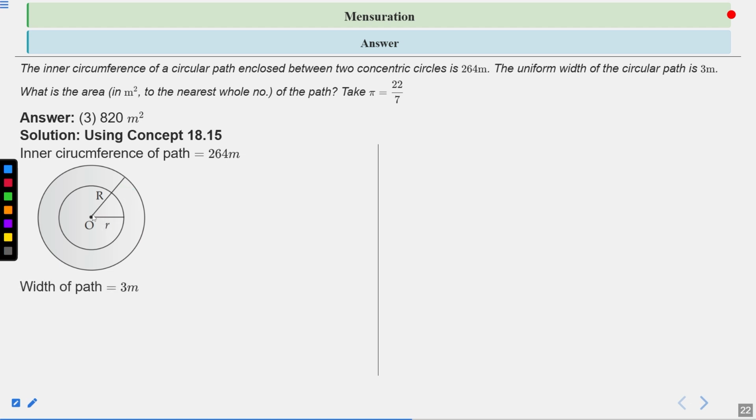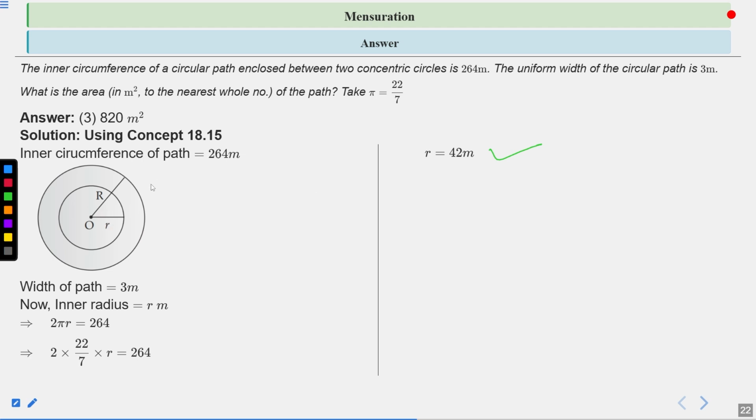So if the inner radius is r meter, then 2 pi r becomes 264 meter. Now we compare and get the value of r. So 2 into 22/7 into r equals 264. Now we get the value of r, which is 42 meter.